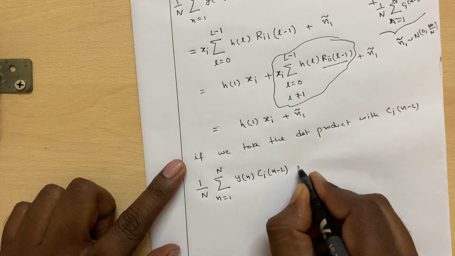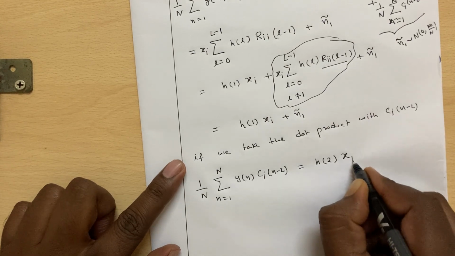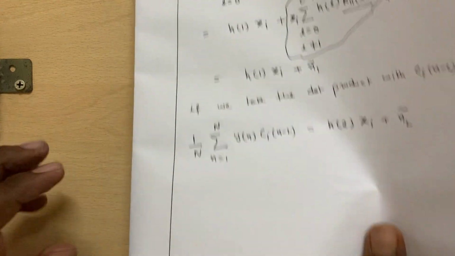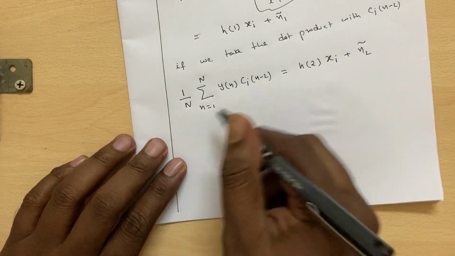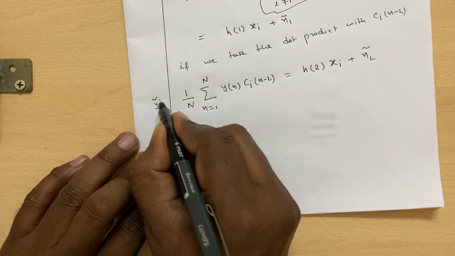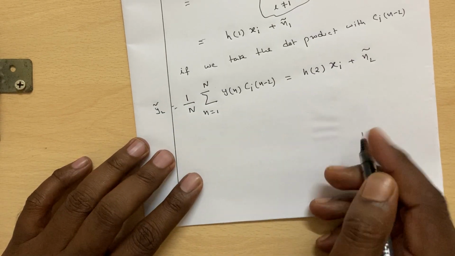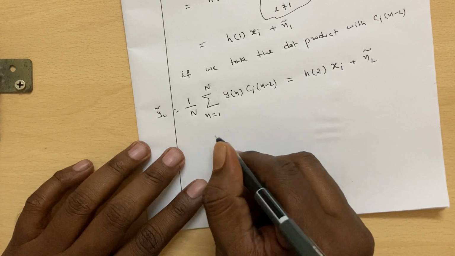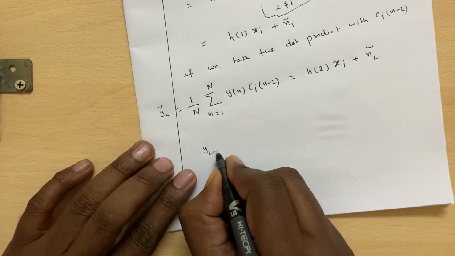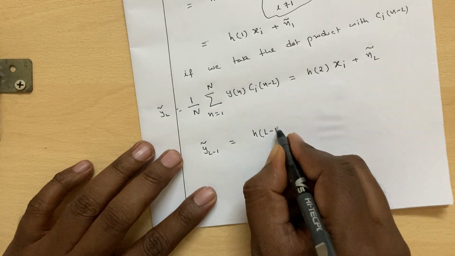This you can show as h of 2 into xi plus n tilde 2. Thereby you can have any number of such equations, say y2 tilde, up to L minus 1. For example, y L minus 1 tilde is equal to h of L minus 1 into xi plus noise.